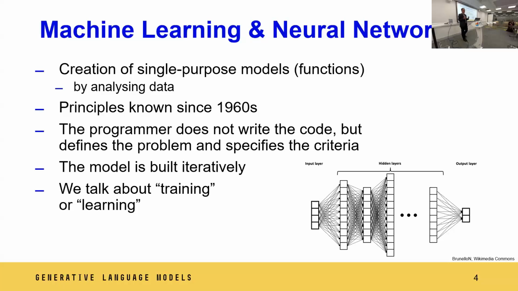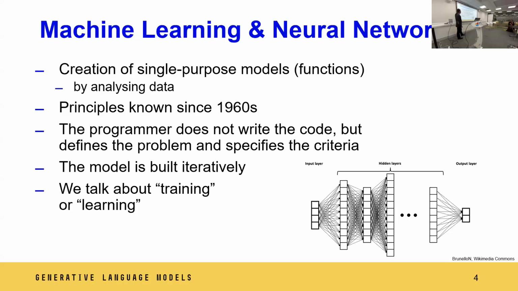They wrote all the functions, all the branches, cycles, database retrieval, queries, and stuff like that. In AI tools that are heavily based on machine learning, the paradigm is different.